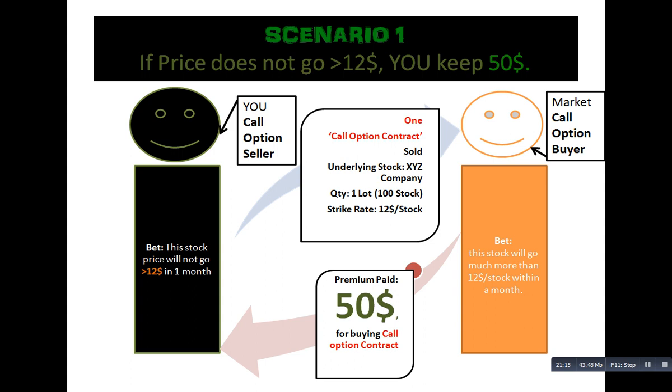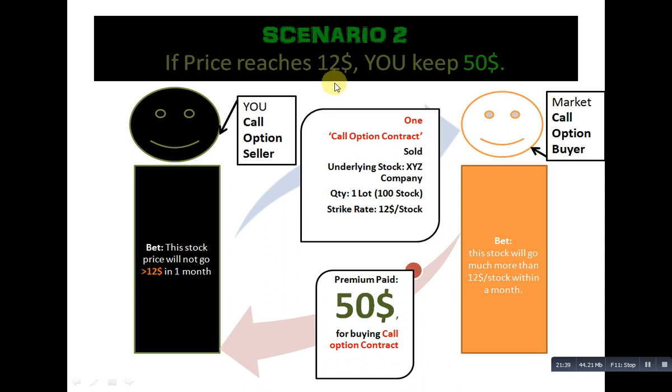This person can buy it from the open market for cheaper. That is why this person will not call upon you to sell the stock, and you would keep this $50 once this 1 month is over, and that is how you make money using covered calls. Let us go ahead.